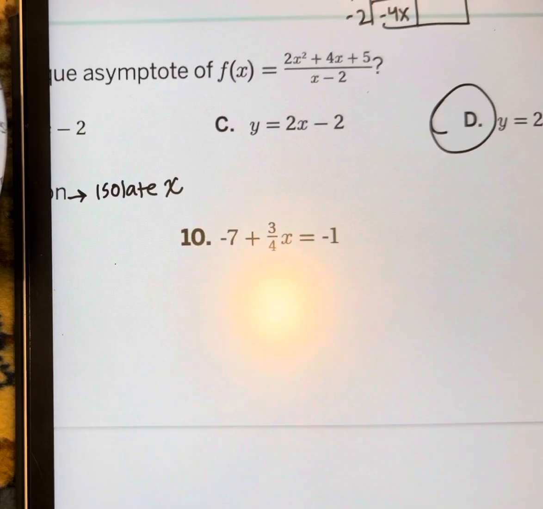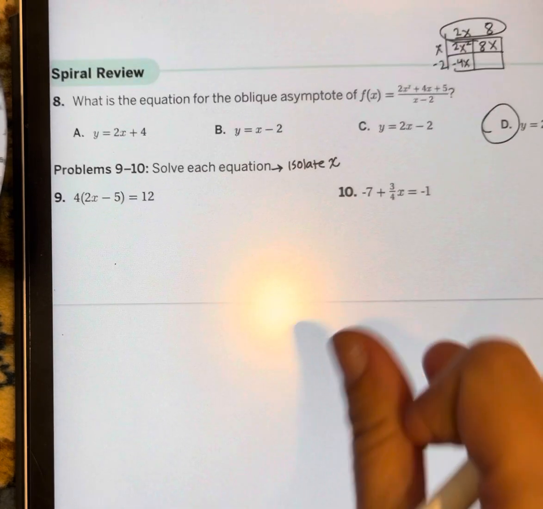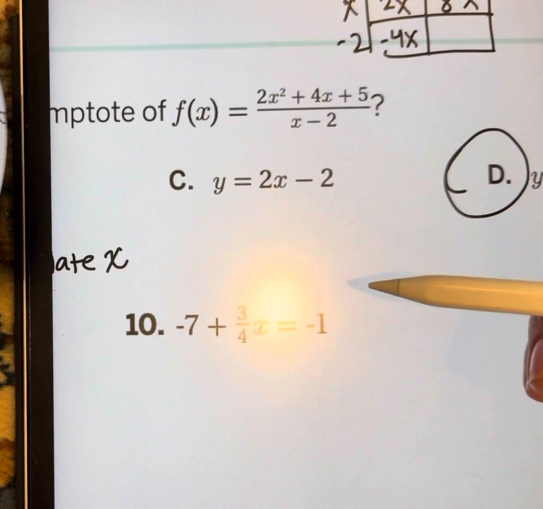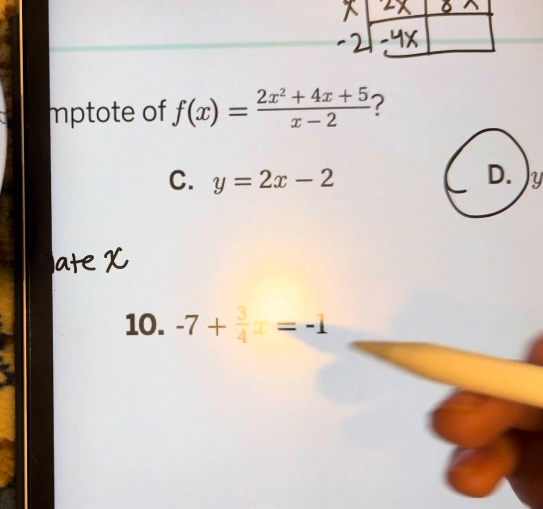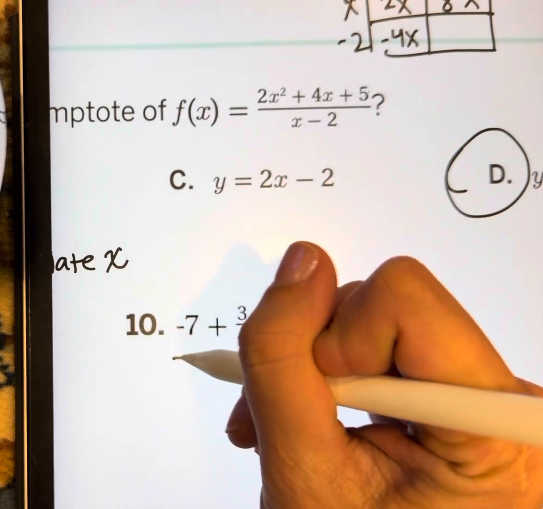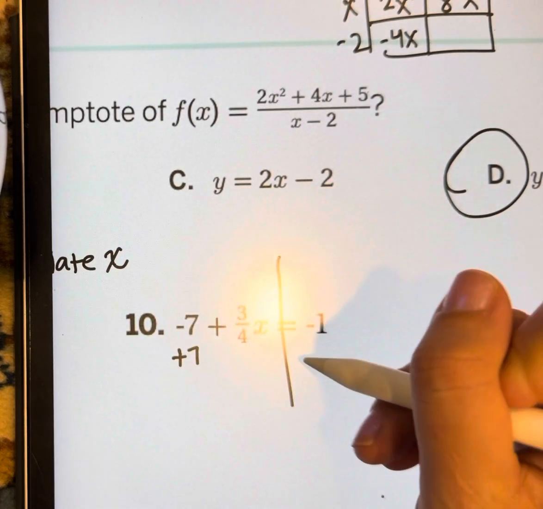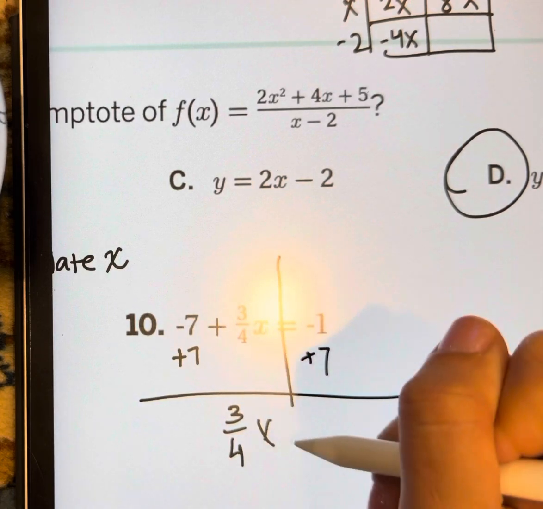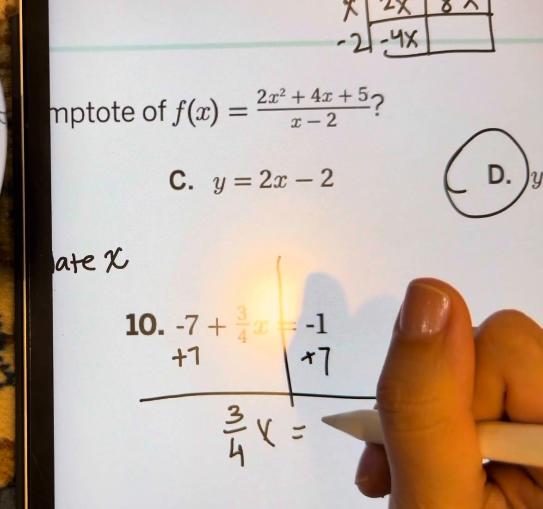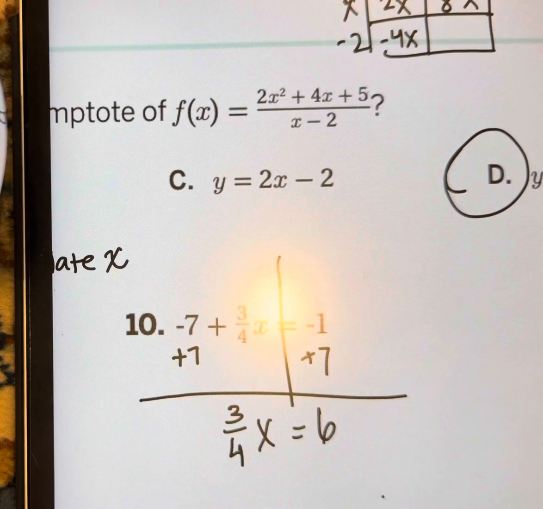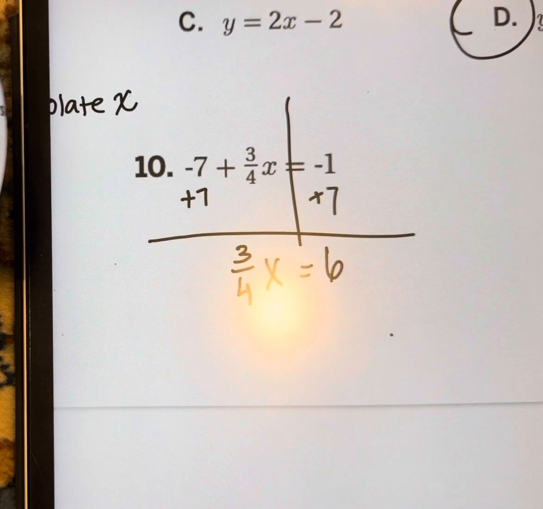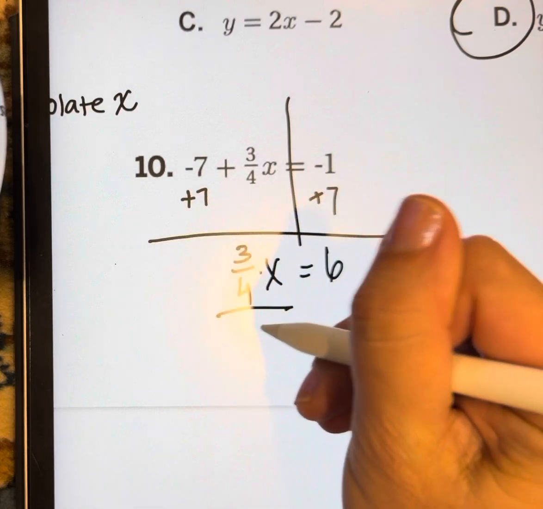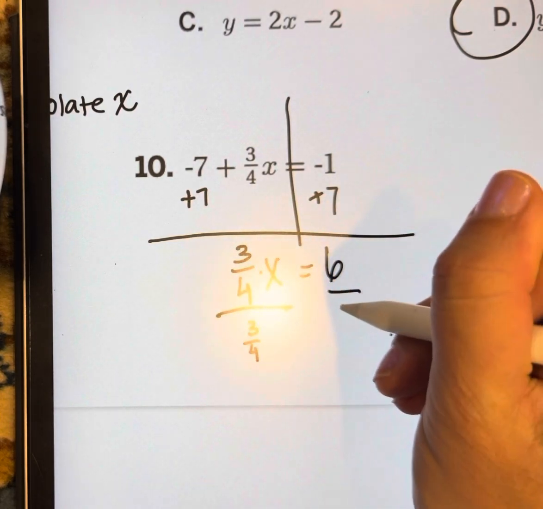And then this equation, as ugly as it may be, is exactly the same as this. You start by getting rid of what's furthest away from the x, which is the -7. So we're going to add 7 to both sides of the equal sign. And we get 3/4 x equals -1 plus 7, which is 6. And now I have to get rid of this 3/4. You can do it the way I said before, by dividing by 3/4 on both sides.